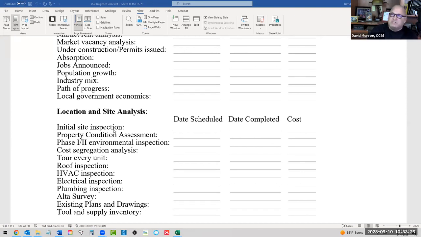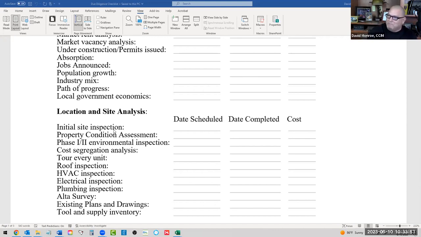The property condition assessment is for your lender. Now you can look at it. It's going to be crap, but you can look at it. They are only going to survey 10% of the units. So if you have 160 units, they're only looking at 16. That is nowhere near enough units to look at to determine, because guess who gets to pick those units? The property management company that's currently operating the property.